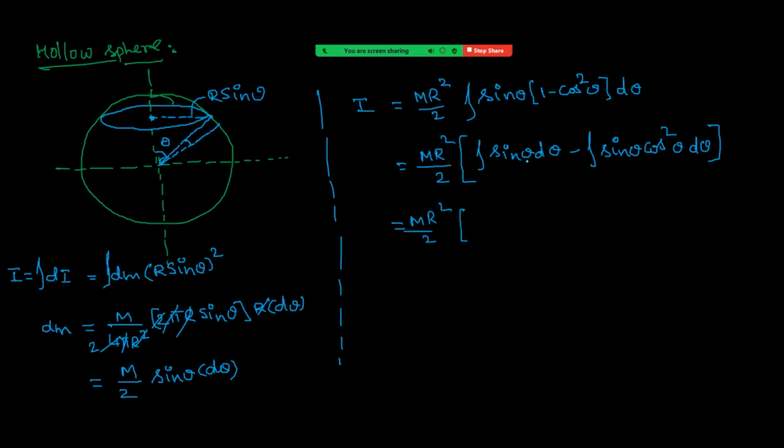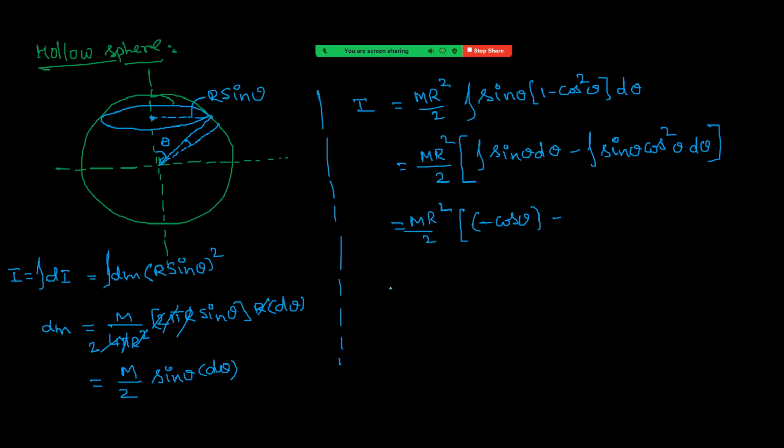We know for sine theta d theta, the integral is minus cos theta. Next, coming to the second part, how to calculate this? If you know mathematics, you can directly write the integration. If you do not know that, you can do it like this.